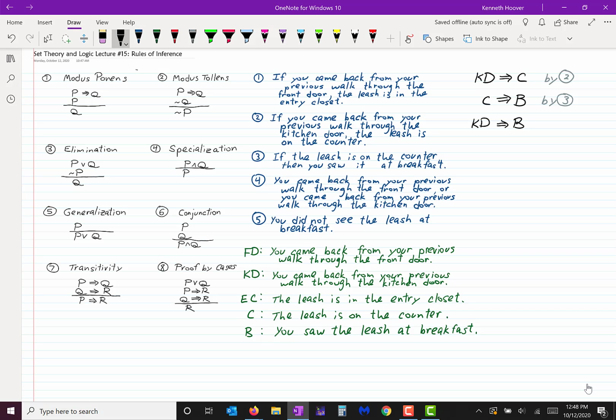Oh, by the way, I noticed something here that I don't want to confuse anybody. I've labeled our premises very similarly to the way I labeled the rules of inference, and that might cause some confusion. So I'm going to go back here and change these labels to Roman numerals, so that we don't cause any confusion.